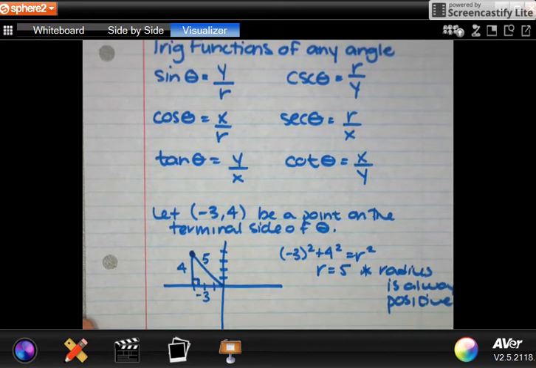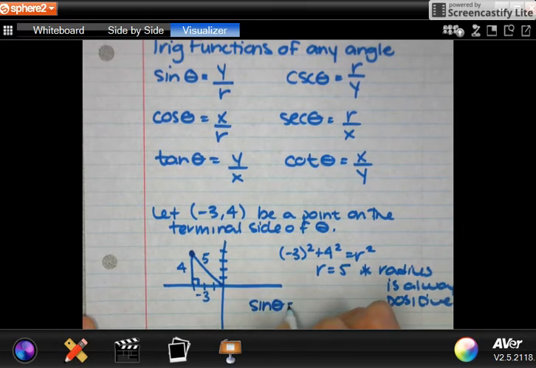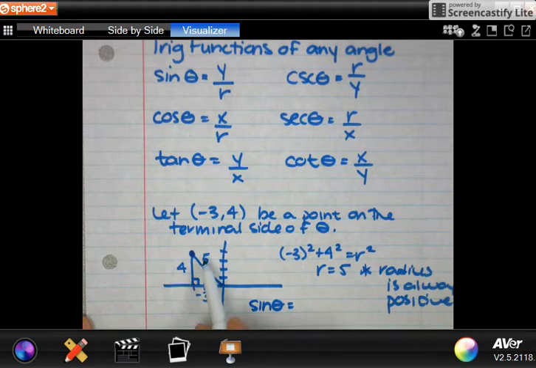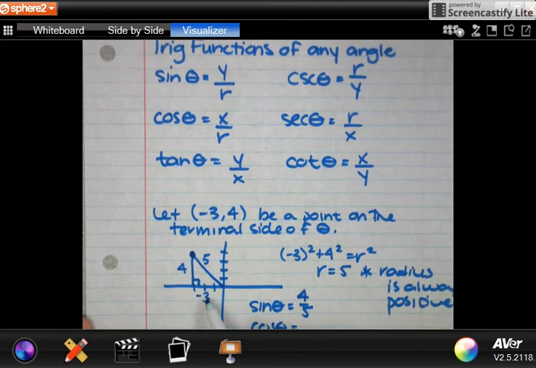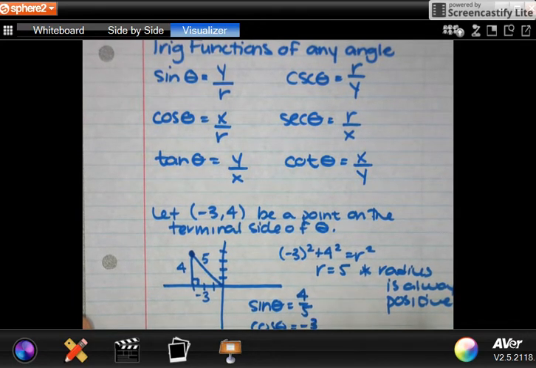So if I were trying to use this triangle to find sine, sine is y over r, so 4 over 5. Cosine is x over r, so -3 over 5. And tangent is y over x, so 4 over -3.